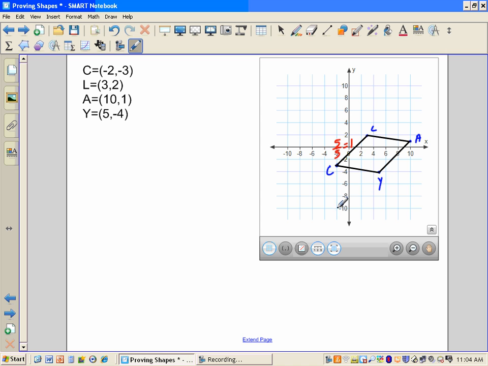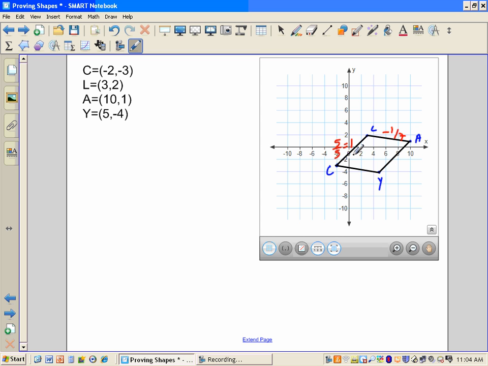Looks like the slope's going to be 1. This one I'm going down just 1, down 1 and over 7. So it looks like down 1 and over 7.